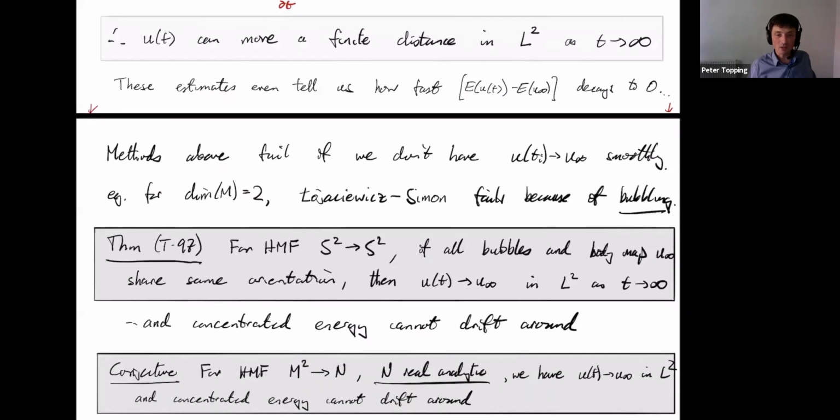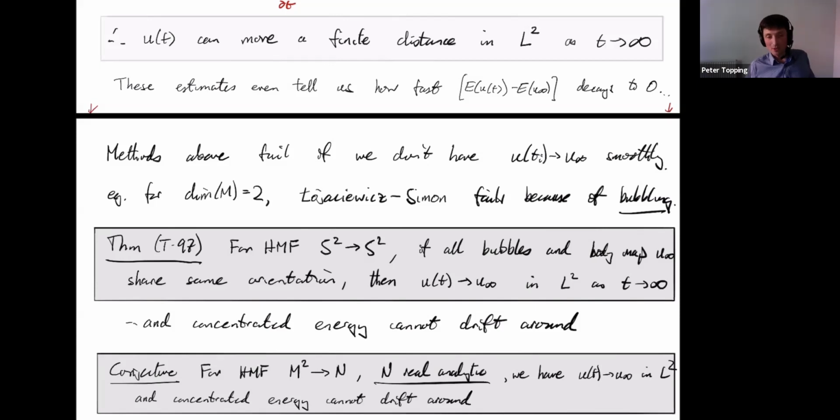So here's an interesting conjecture, which I think is still wide open. If you have the harmonic map flow into a real analytic target, then you should have what you might call uniform convergence, in the sense you have convergence as t goes to infinity rather than t_i going to infinity.